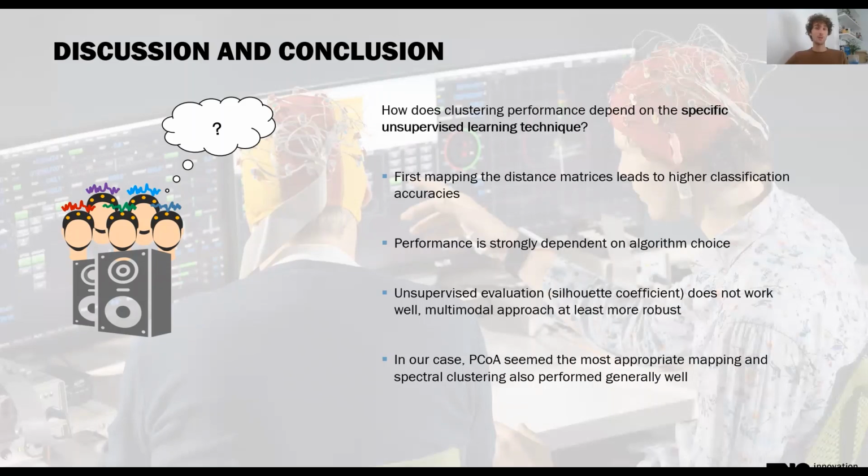However, one solution may be to go to a multimodal approach, as that at least leads to more robust clustering across algorithms, and you're then less dependent on algorithm choice for the results. In our case, PCoA seemed to be the most appropriate mapping, and spectral clustering also performed generally well.